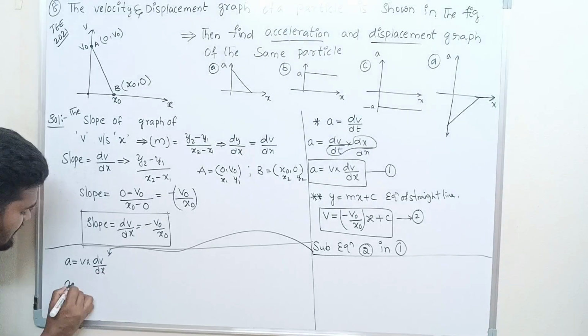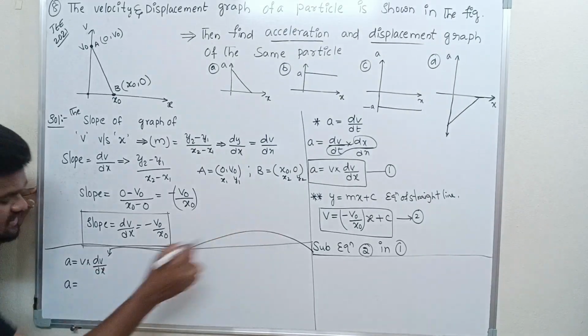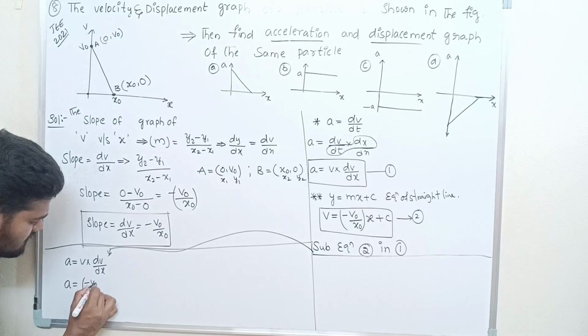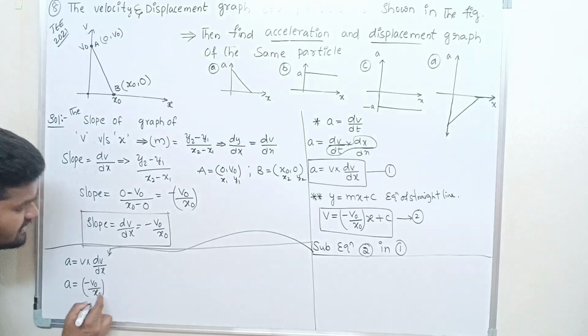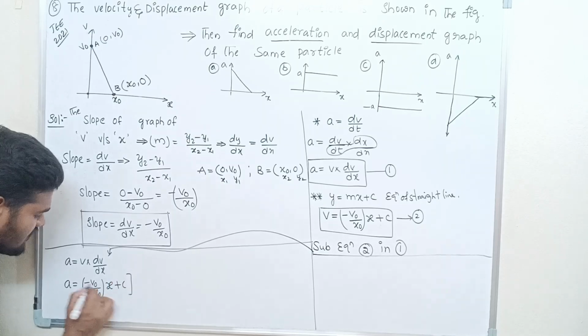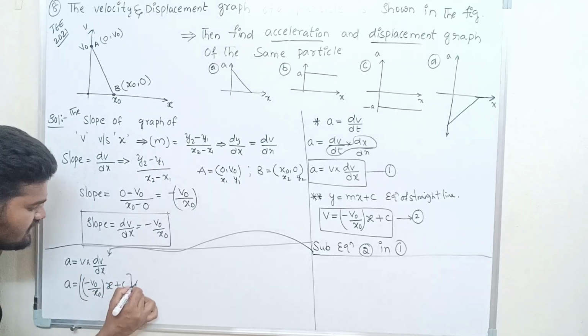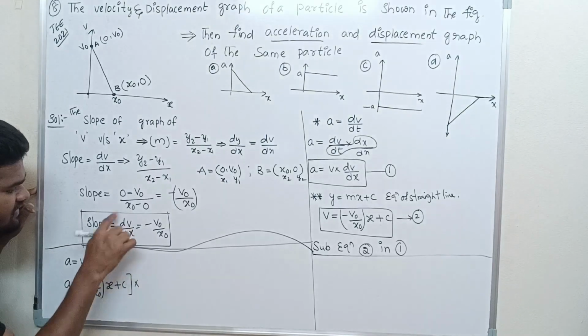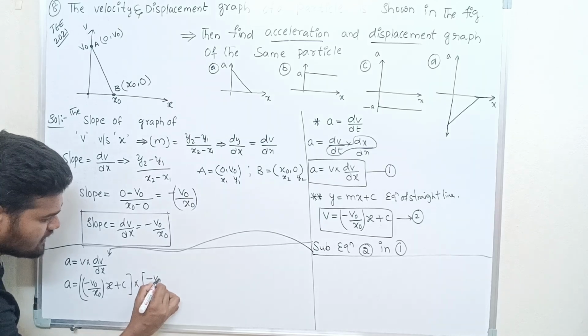So acceleration is equal to v, where v is equal to minus v naught by x naught into x plus c. This is the value of v into dv by dx. What is the value of dv by dx? Minus v naught by x naught.